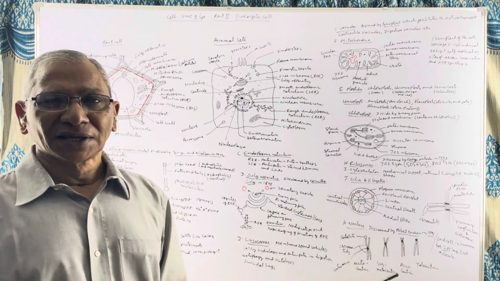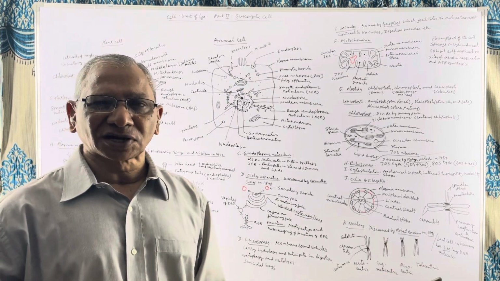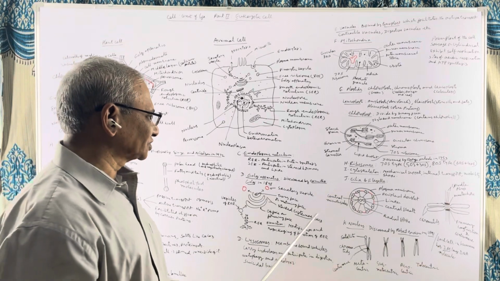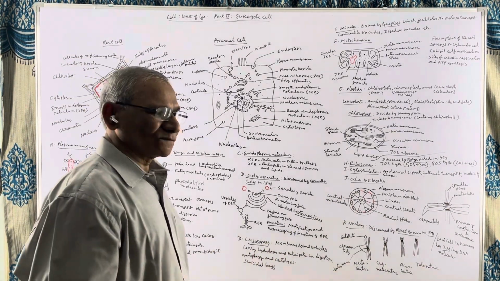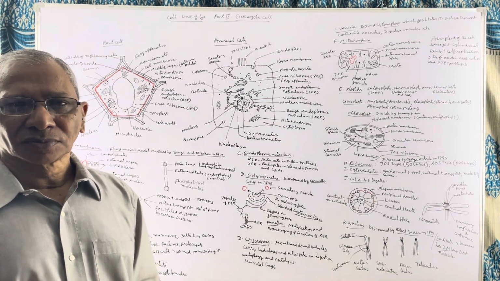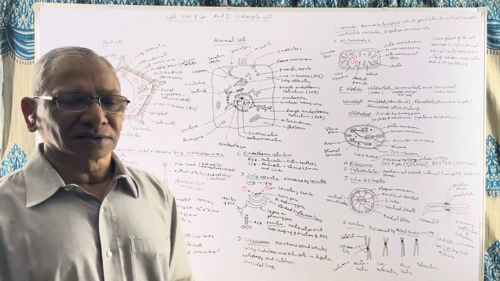Again, remember, the flagella present in prokaryotes is different from that of the eukaryotes. In eukaryotes, both cilia and flagella have the same structure, and they arise from a basal granule. A basal granule is present just below the plasma membrane.